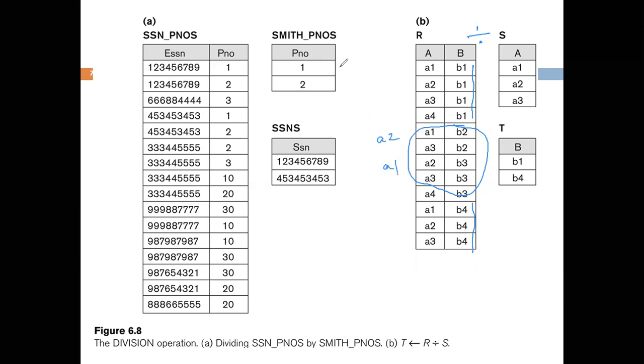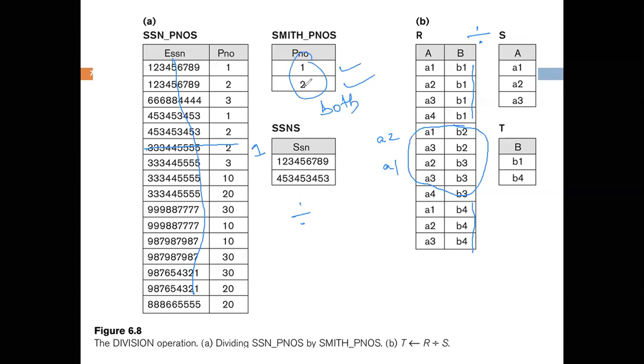So which means it should match with all of them. Here also in our example, this particular 3, 3, 4, 5, 5 is not matched with 1. So that's the reason why we don't have 3, 3, 4, 5, 5. Which means by looking at these two examples, we understand that in the division operation, this particular attribute should match with both of them.